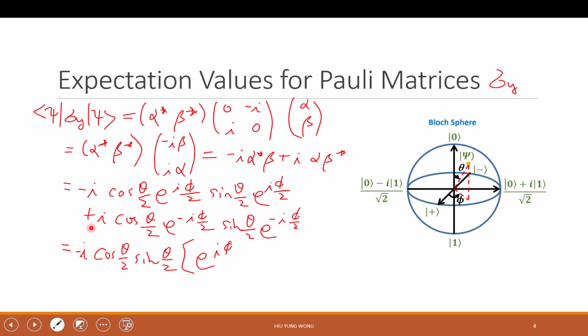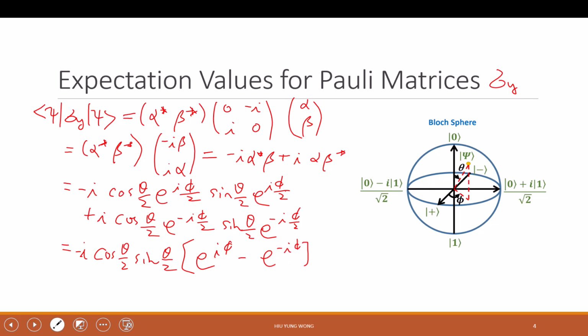And for this term, I take out negative i also, so this needs to be negative. And then the next one, you go e to the power negative i phi divided by 2 squared. Make sense? Is that okay? Right? So what I've been doing is I take out negative i because this is i, so this becomes negative. Cosine theta divided by 2, sine theta divided by 2 is here, so I have negative e to the power negative i phi.